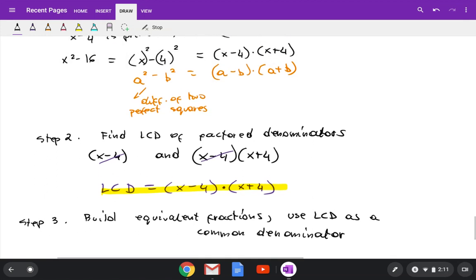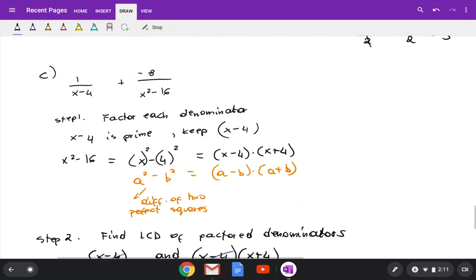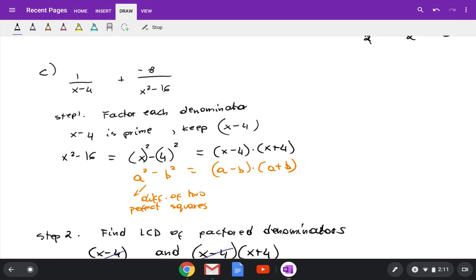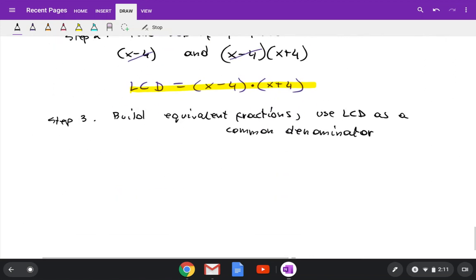Okay, so here, let's go back. The first fraction is 1 over x minus 4. So we build an equivalent fraction with the denominator, which is LCD, which is x minus 4 times x plus 4.